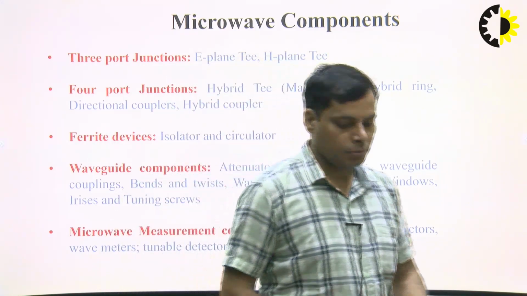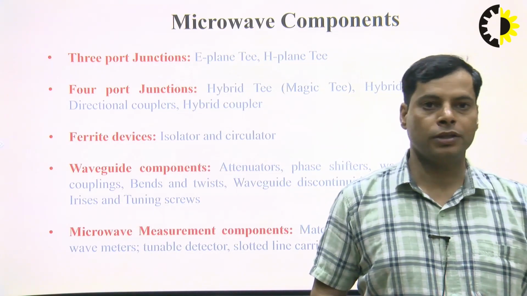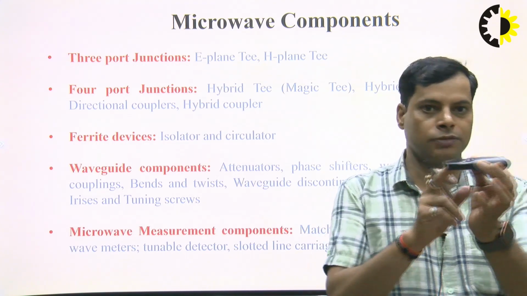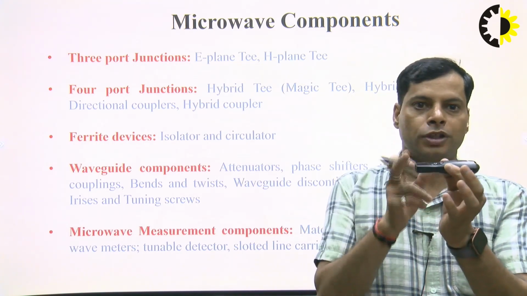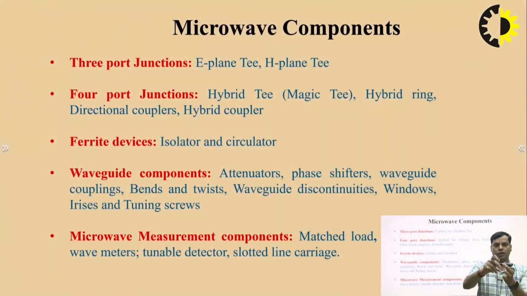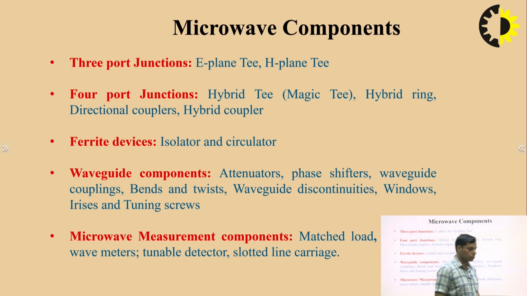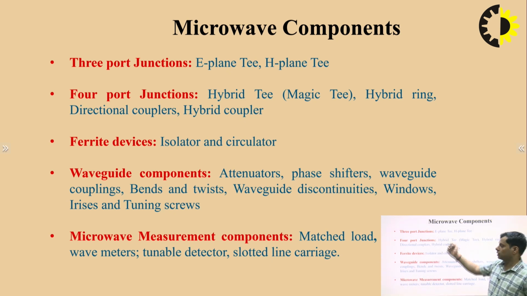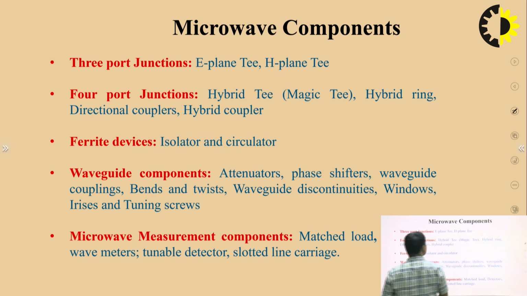Say the main waveguide has port 1 and port 2, and when we connect another port like this, the combination becomes a T junction, but here the number of ports becomes 3. Microwave components with 3-port junctions have examples such as the E-plane T junction and H-plane T junction.